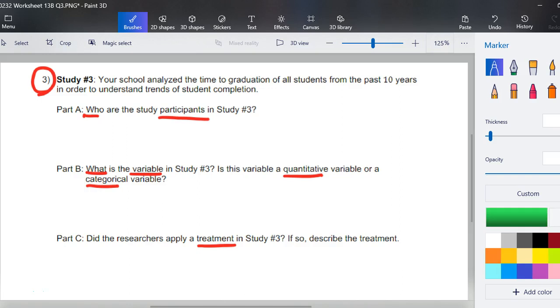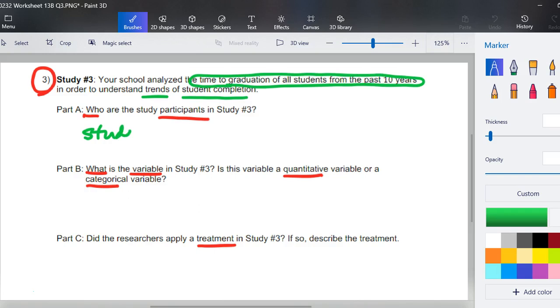It says your school analyzed the time to graduation of all students from the past 10 years in order to understand the trends of student completion. So the question of part A is, who are the study participants? And we want to be descriptive, and it would probably be best if we said students.